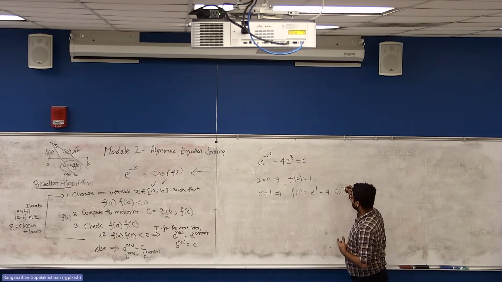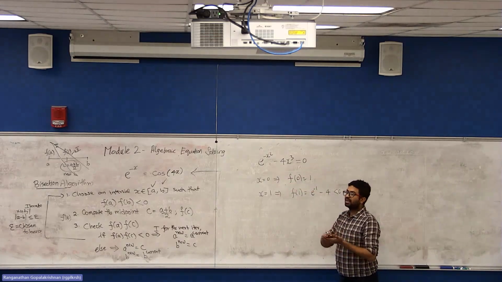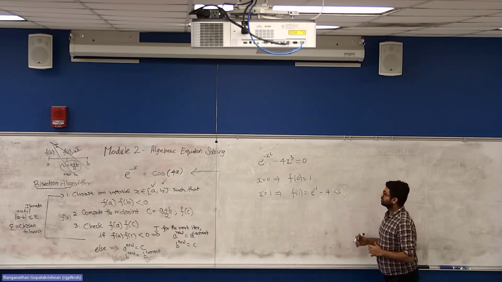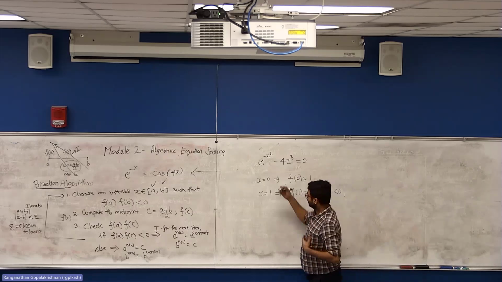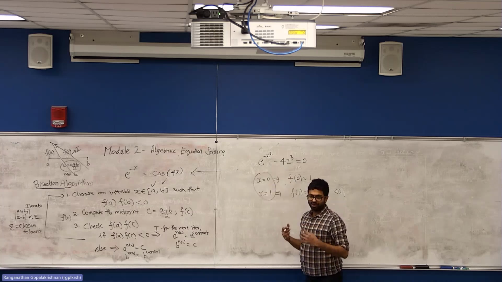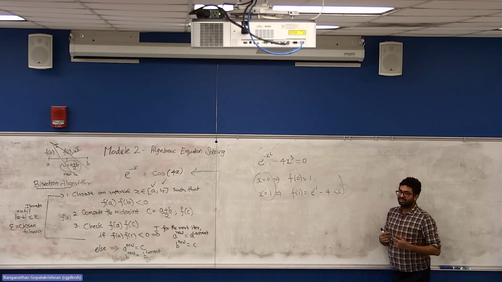So I'll just say there is a root between 0 and 1, good enough to get started. Now then we'll fine tune and get to a resolution. Most often if I don't give a guess value, you are supposed to do something like this, not always 0 and 1, but pick appropriate values and try to identify an interval where the function changes sign.